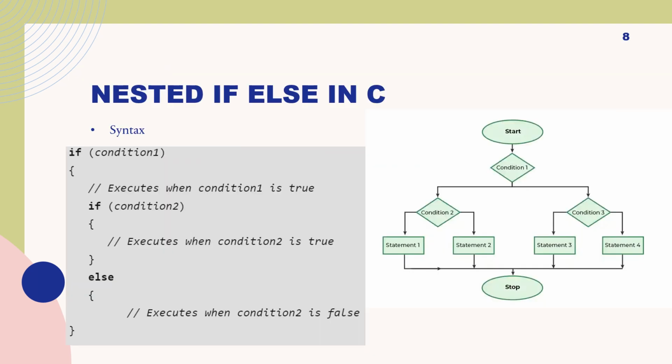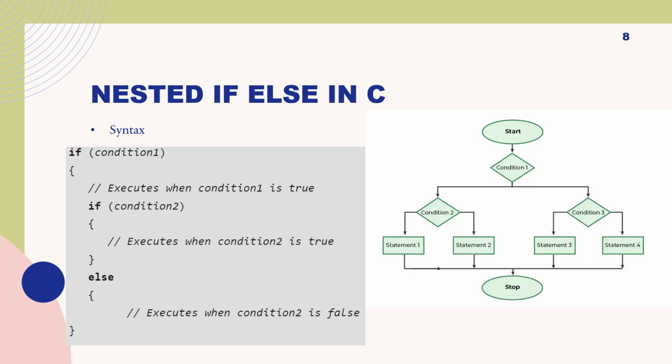Then coming to the nested if in C, you can see the condition checking first. If the first condition is true, it will go to the second condition, and if false, it will go to condition 3, and again depending on true or false, it can go to different statement executions.